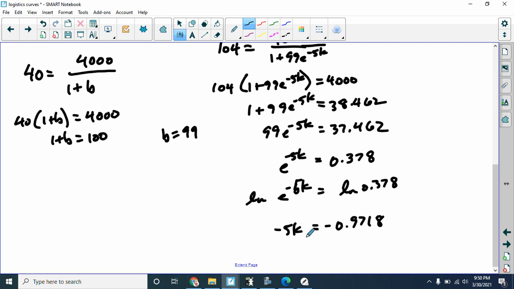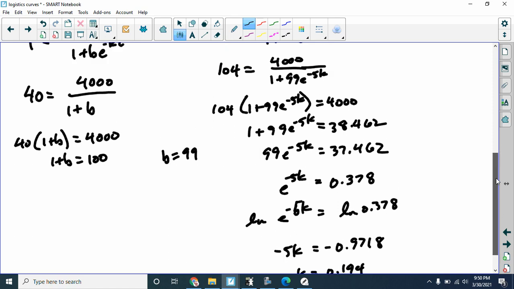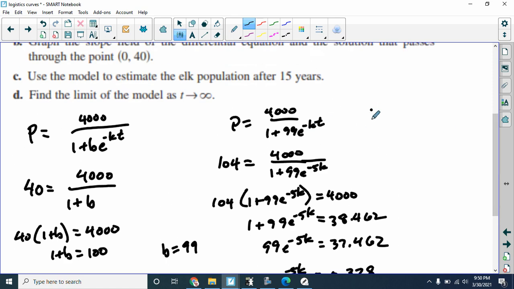Divide by negative 5 gives me k, which is what I was trying to find, 0.194. So we can go back into our equation here and plug that in. 4,000 divided by 1 plus 99 e to the negative 0.194 t. That is our answer to part A.